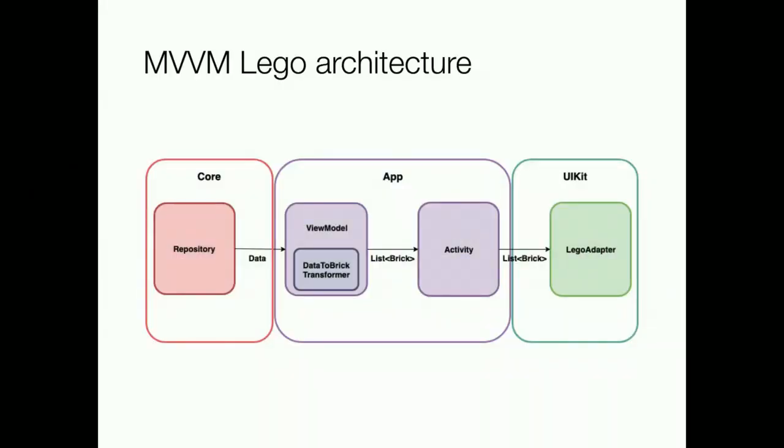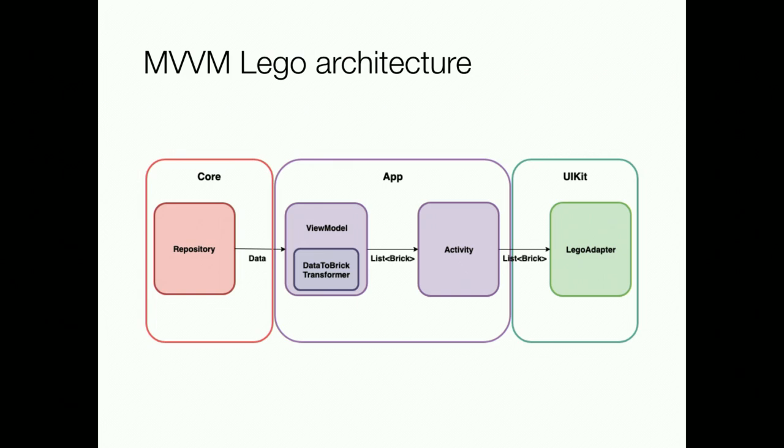And overall, our architecture will look like this. This is based on MVVM. Basically, we fetch our data into an Android architecture view model. What is important there is that we have a transformer that transforms our business data, that can be artists, albums, whatever, into our UI data that are the bricks.